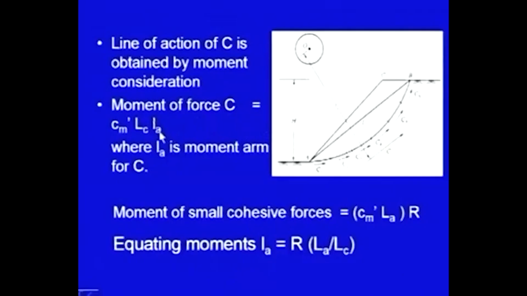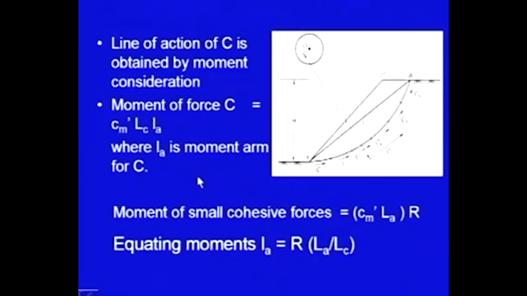The moment of this force will be equal to Cm'. We are taking moment about the point O, because this cylindrical volume is trying to rotate. So, the moment of the resultant cohesive force will be equal to Cm' into Lc, that is the magnitude, into La, where La is the lever arm or the moment arm from the center of the circle. So, from O, La is the distance where this C is acting.